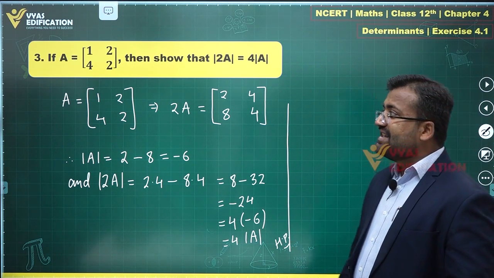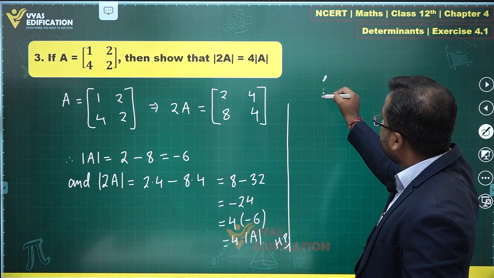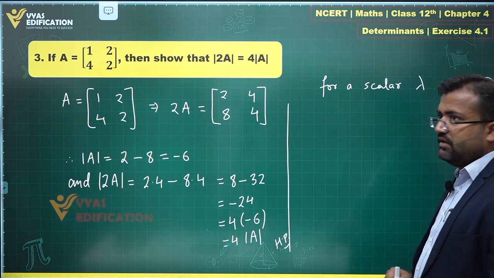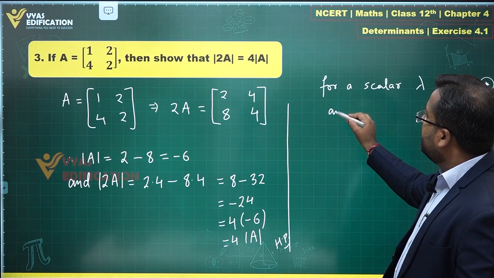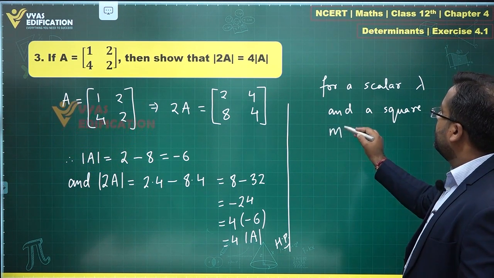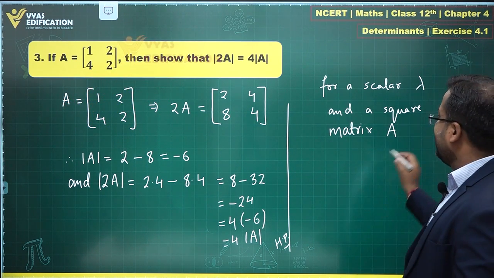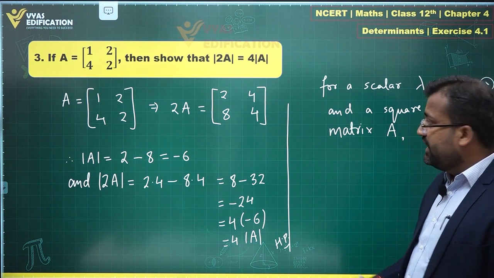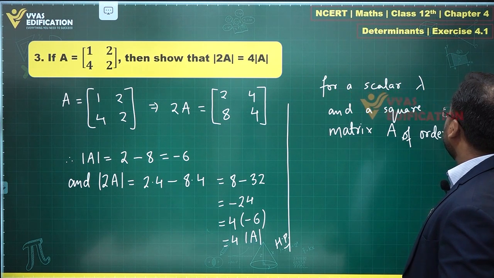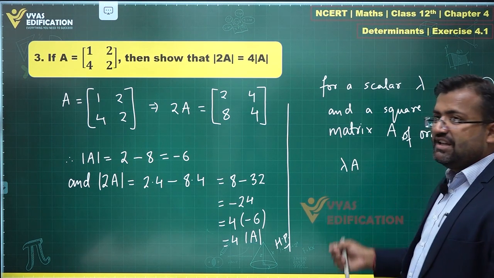By the way, this particular result is based on a property of determinants. What is the property of determinants? For a scalar lambda and a square matrix A of order n, lambda times A is another matrix, right?